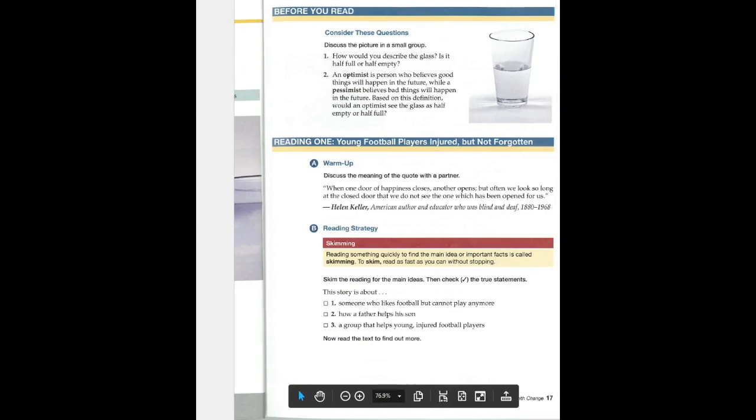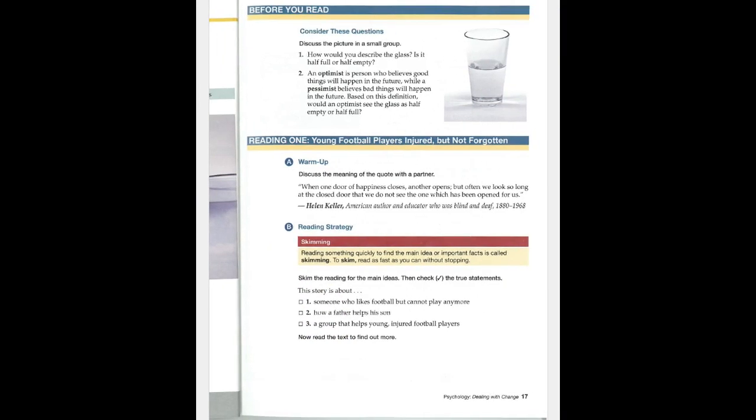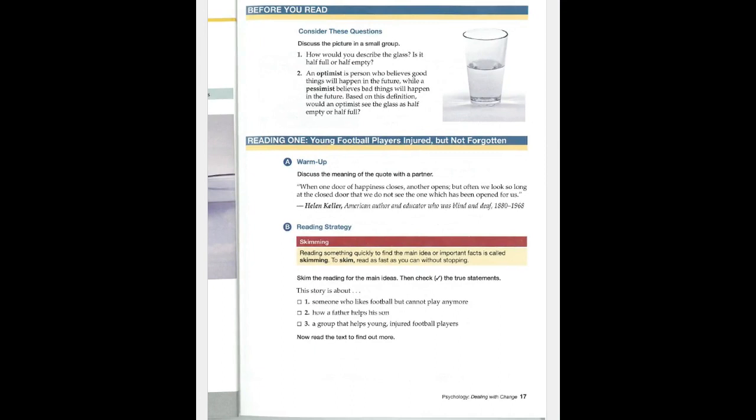And now let's go back and look at page 17, and I'd like you to do this in your textbook. Okay? So we already skimmed the reading for the main ideas, and then put this symbol next to the true statements in your books. So this story is about 1, someone who likes football but cannot play anymore. 2, how a father helps his son.